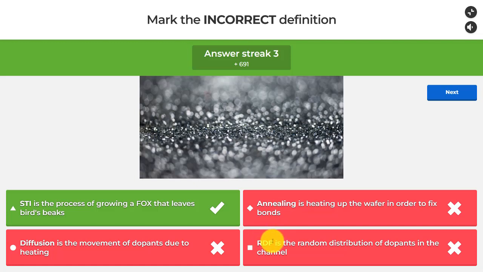Okay, RDF, or random doping fluctuation, is the random distribution of dopants in the channel, and that's exactly what it is. So actually, when we make our transistors, what we're going to do is add some dopants underneath the gate where the channel area is, and these dopants are going to cause our VT to shift. The problem with that is that at really scaled processes, we get 100 or even fewer dopants.